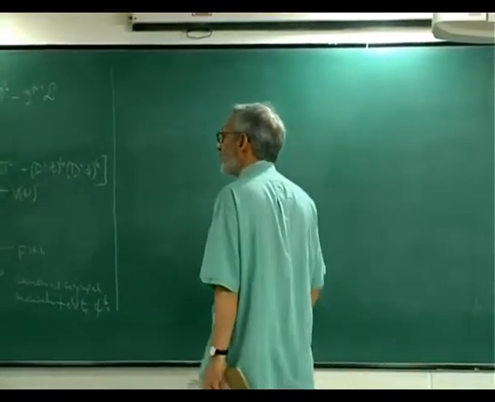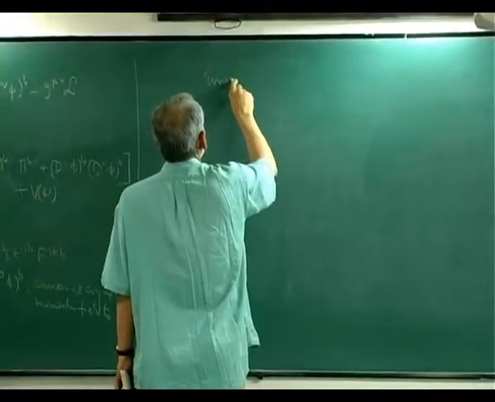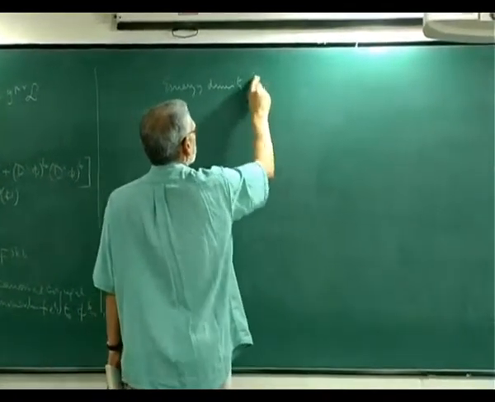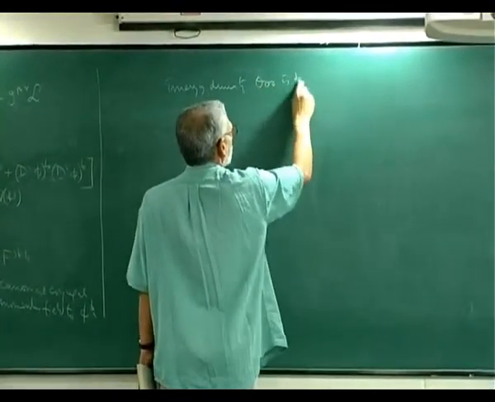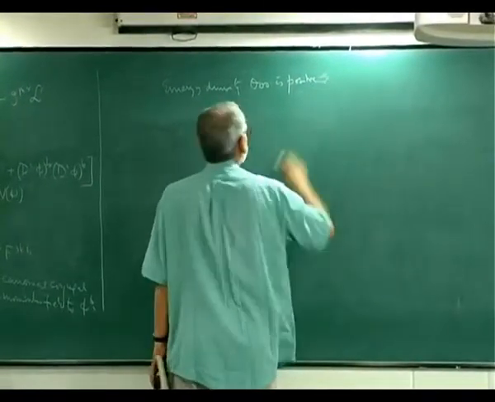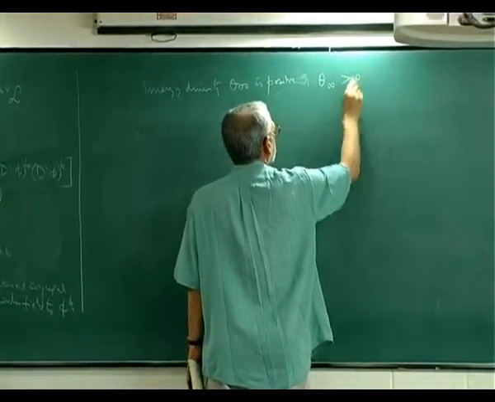Notice one nice property of the Hamiltonian density. The energy density theta 0 0 is positive definite, that is, theta 0 0 is greater than or equal to 0.